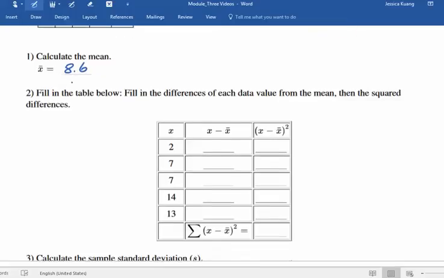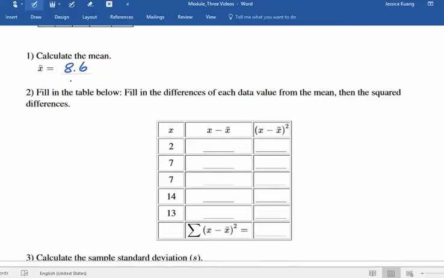Now to find the standard deviation, we first need to measure the difference between each data value and the mean. So I'm going to write the calculation over here. It's 2 minus 8.6, the distance between the data value and the mean.